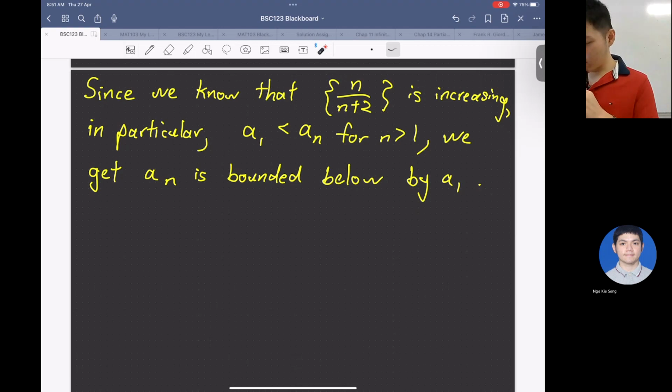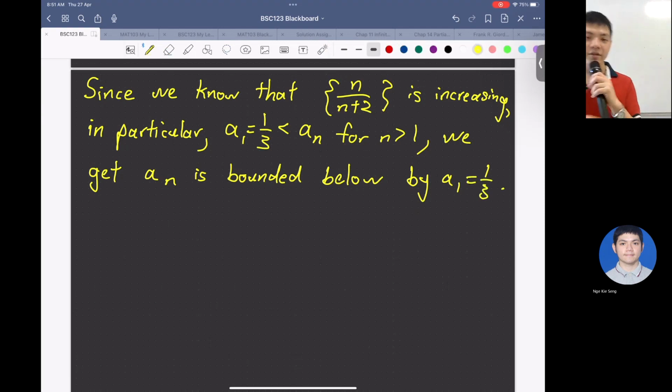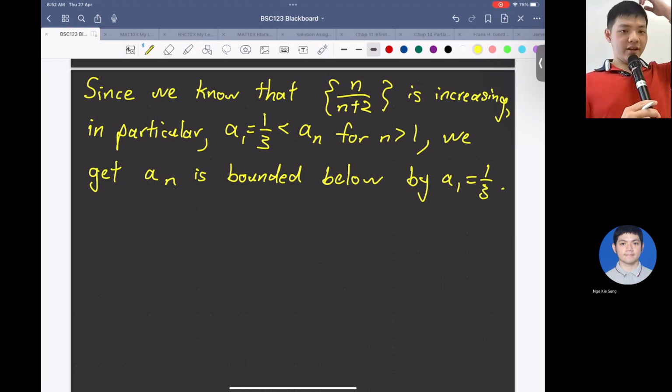Actually, we haven't found a1, right? What is a1? 1/3. Okay, good. So you keep increasing, and then you say that at infinity, it is bounded by that infinity thing. So what's that thing?